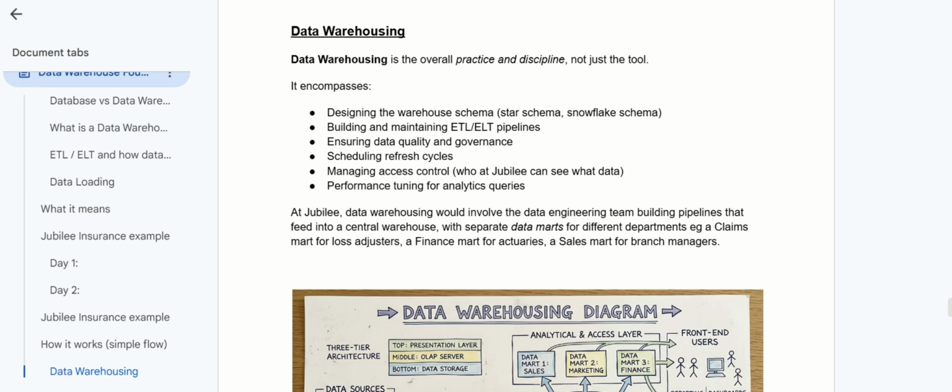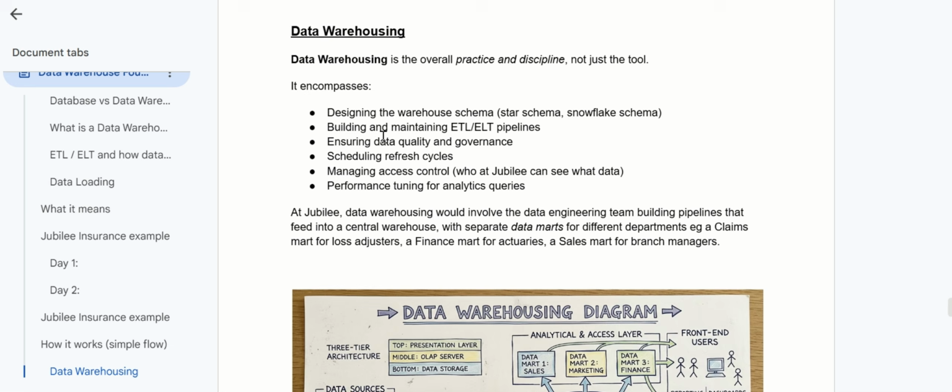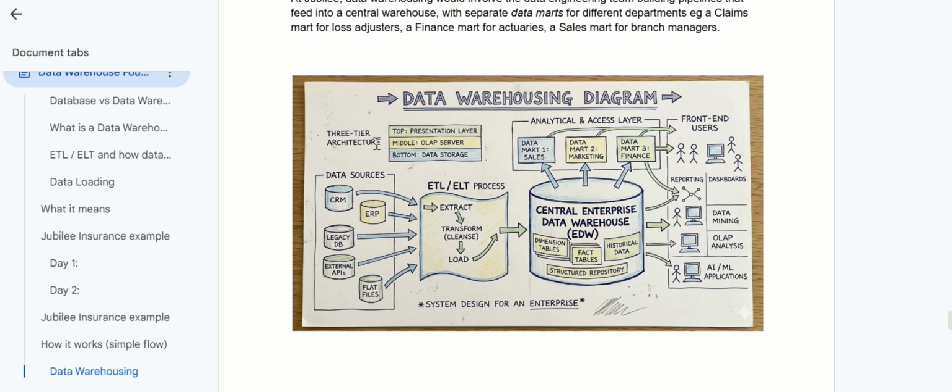Basically, it's the creation and management of the entire process, from designing the data warehouse to maintaining the pipelines and security, who is supposed to see which data, and all those kinds of things. The entire process is what we call data warehousing.